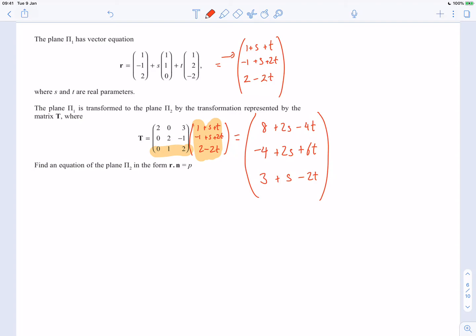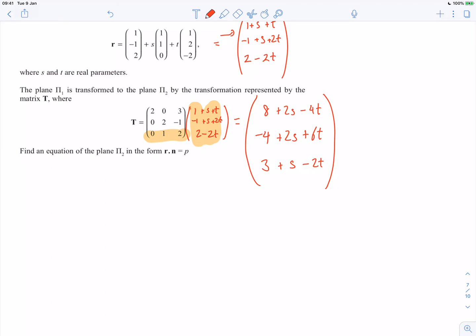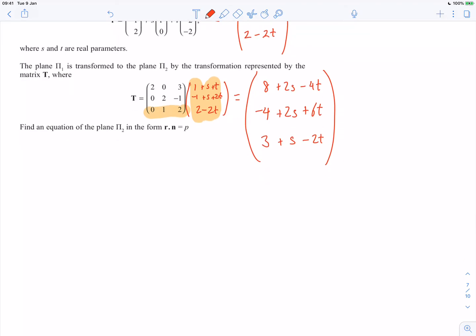Yes. Okay. So find an equation of the plane in terms of r dot n. If I write this out properly, r in terms of pi 2 is going to be the number terms, which is 8, minus 4, 3, plus how many s's?